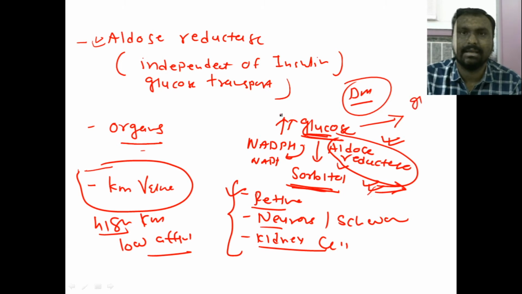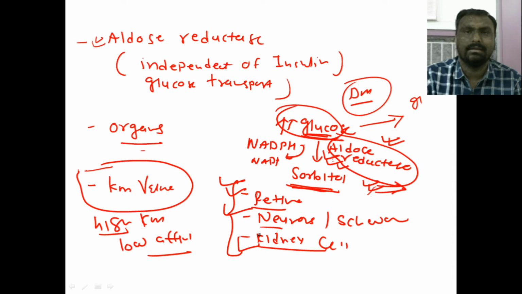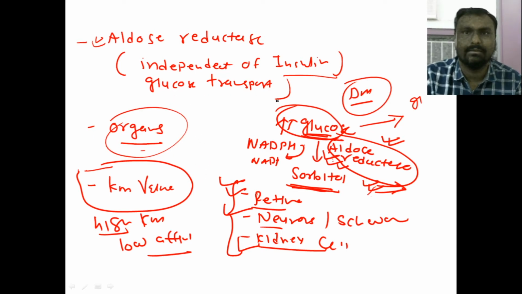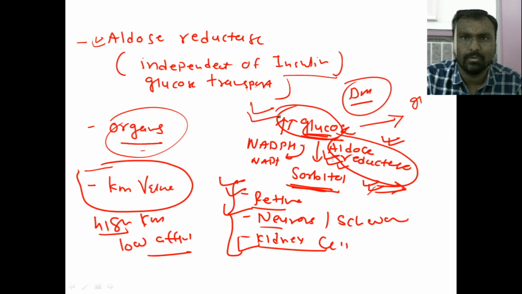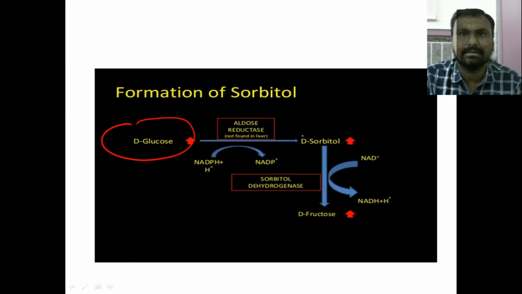But whenever there is excessive glucose, then this aldose reductase, present in the retina, neurons and kidney and not under the influence of insulin, will take up the excess glucose and convert it to sorbitol.